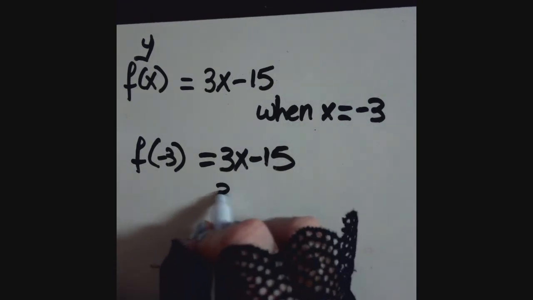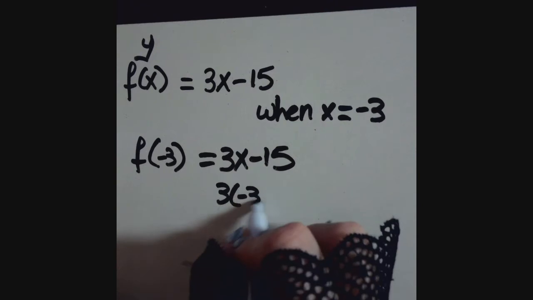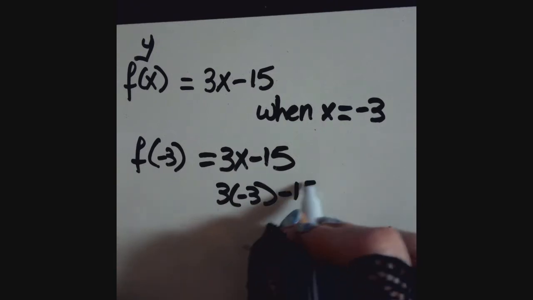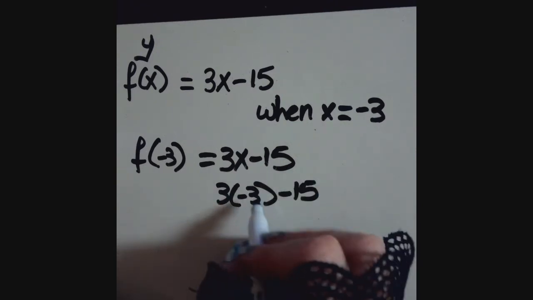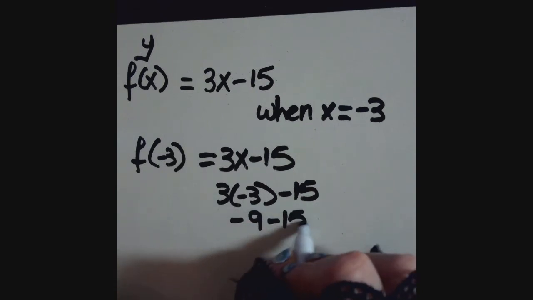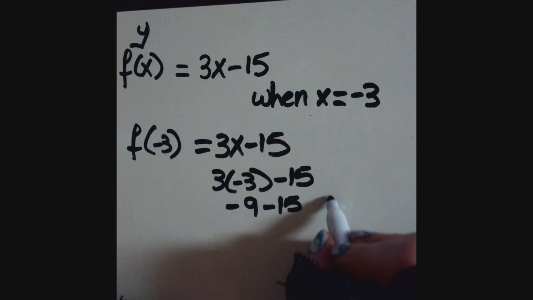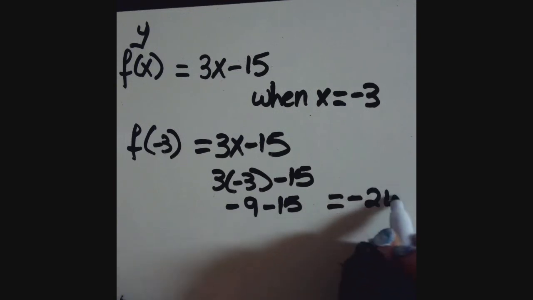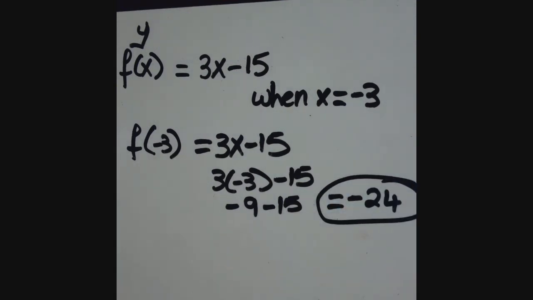So we're just going to evaluate 3 times negative 3 minus 15. 3 times negative 3 is negative 9. Negative 9 minus 15. You should know that the value then of this is equal to negative 24. So that's all they want you to do, is just plug in.